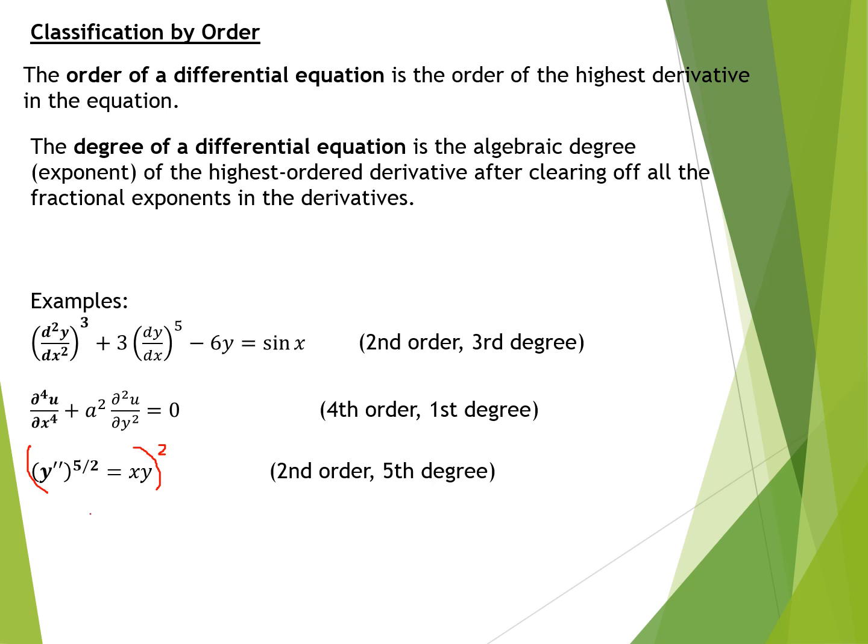So that means this will just be y double prime raised to the 5 equals x squared y squared. Therefore this is second order and fifth degree. The basis is y double prime, and that 5 there, fifth degree.